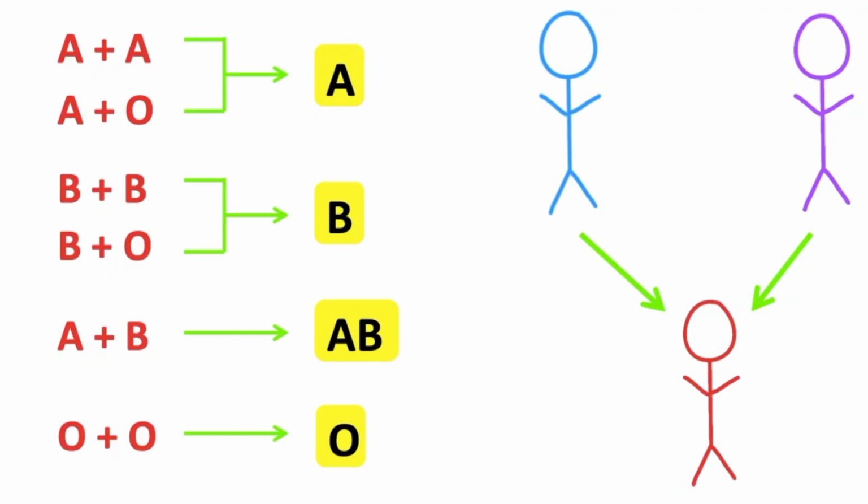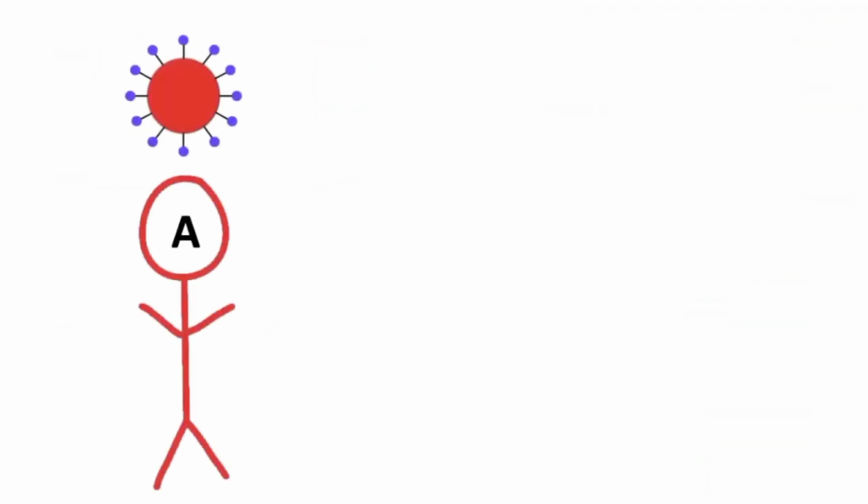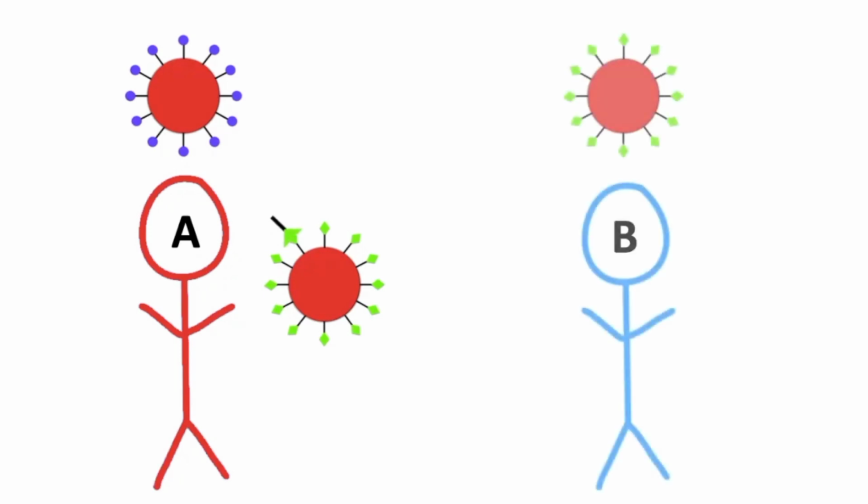For example, if someone with Group A blood is given Group B blood, then their anti-B antibodies will attack the Group B cells. This can cause blood clots. This is the same if someone is given type A blood, but they're actually type B. Their anti-A antibodies will attack Group A cells.